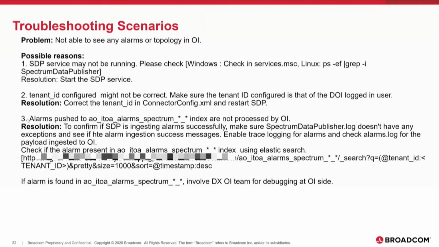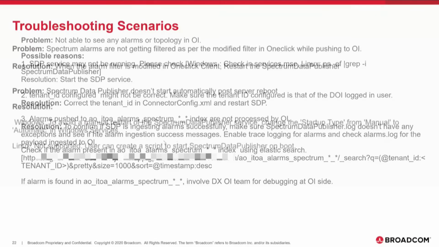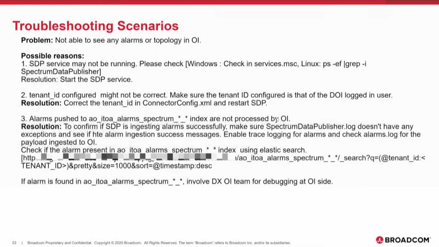If the entire configuration is proper but we still don't see the alarms, we need to check whether the alarms pushed to the Spectrum index are not processed by OI. Maybe the alarms are pushed properly but not processed in OI.